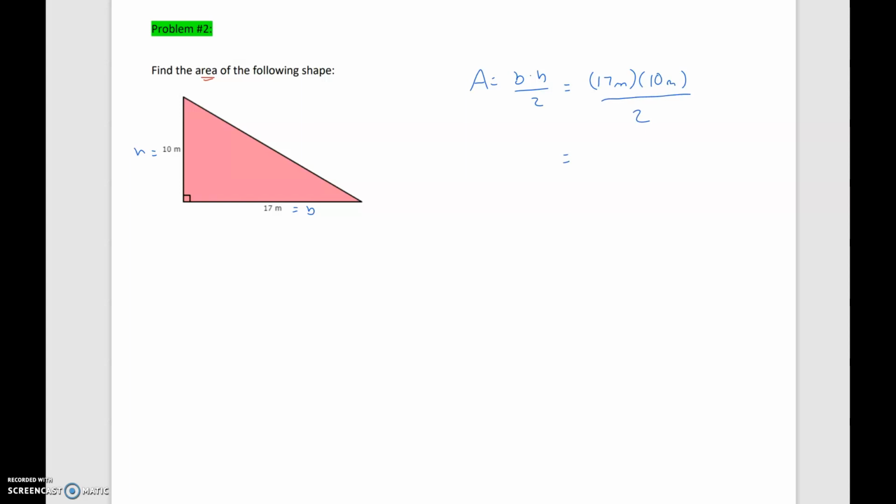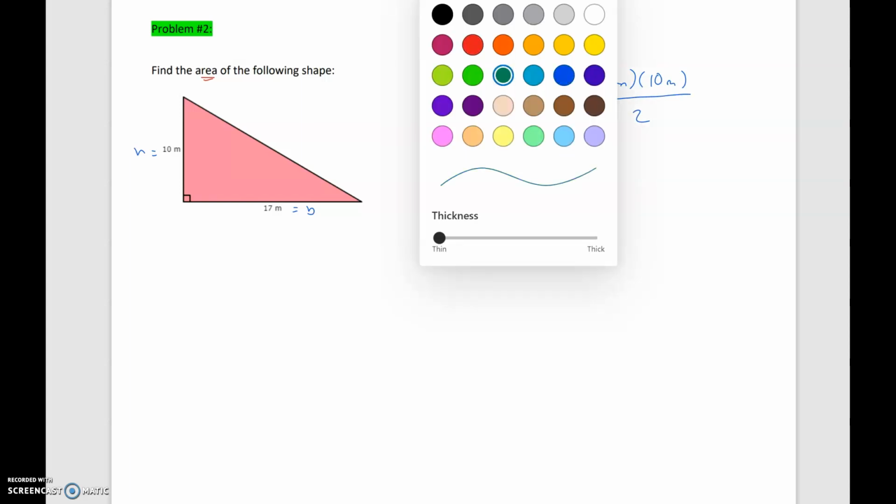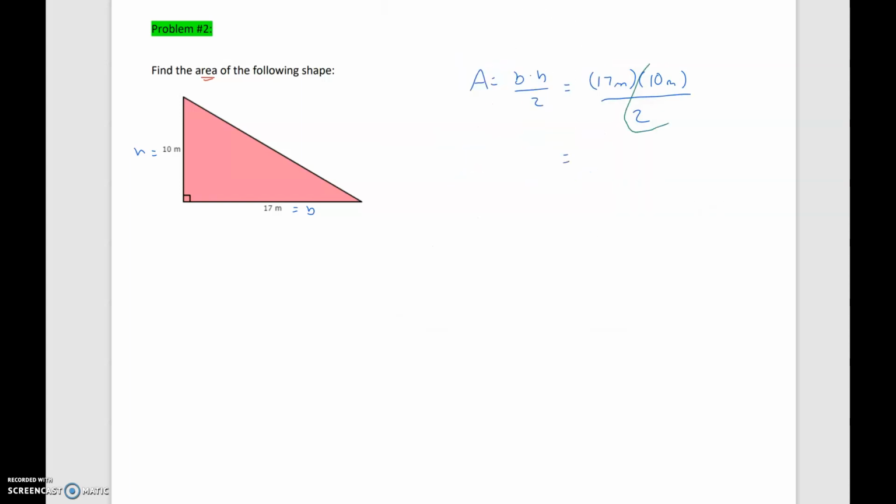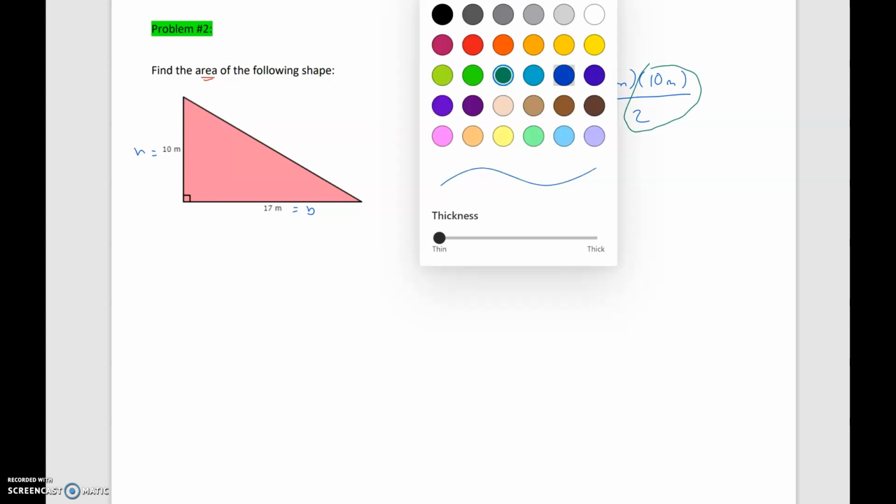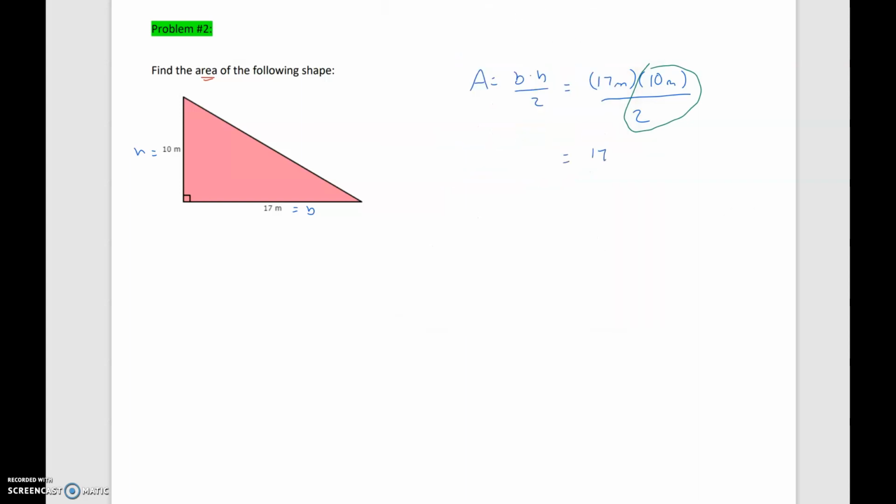So this is equivalent to, and it'll just be easier if I divide these two, so we're looking at 17 times 5, and the answer is going to be meters squared. And 7 times 5 is 35, and we carry 3, so we're looking at 85 meters squared.